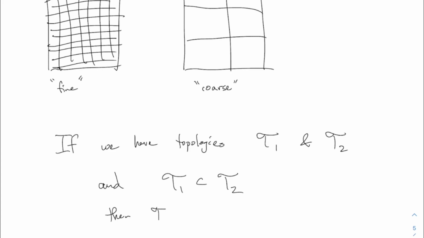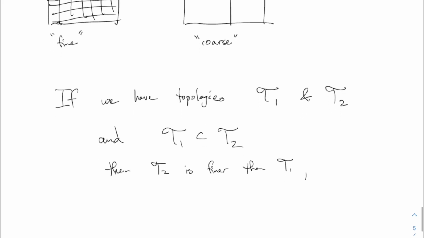Then we say T2 is finer than T1, and T1 is coarser than T2. It's because T2, the bigger one, has more stuff in it, more itty bitties. And so T2 is called finer than T1, and conversely, T1 is coarser than T2.